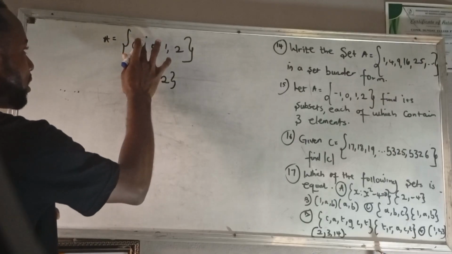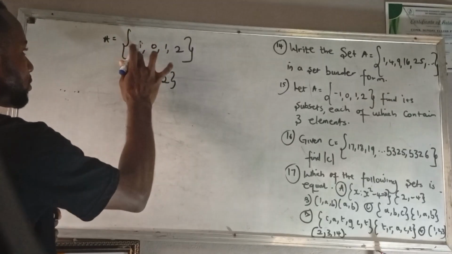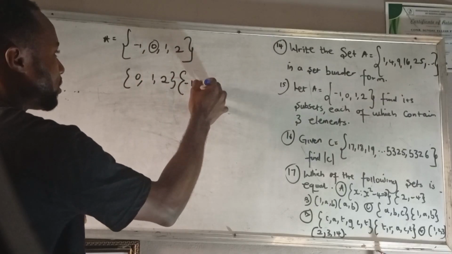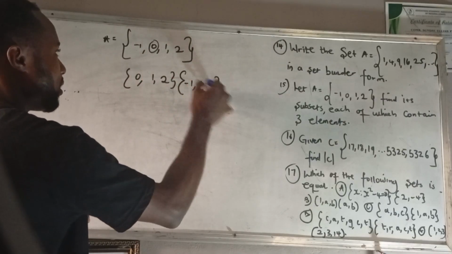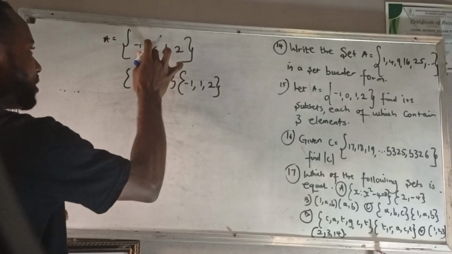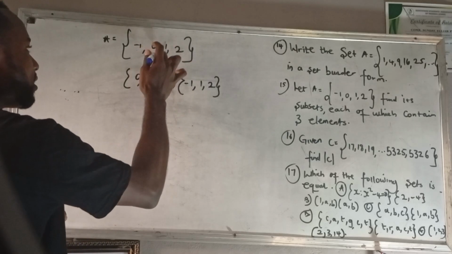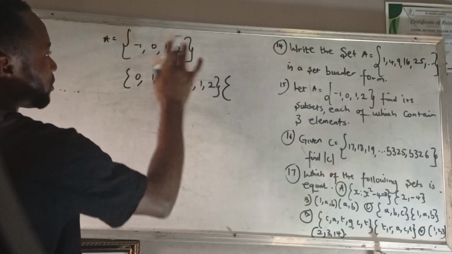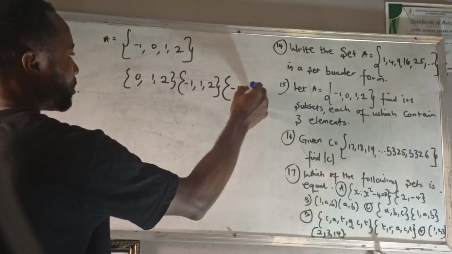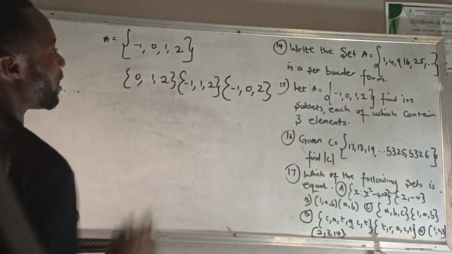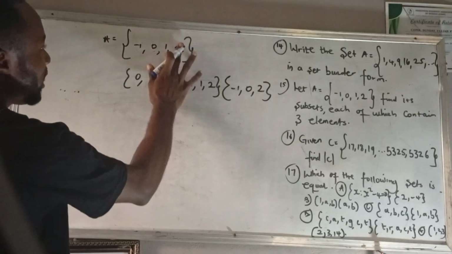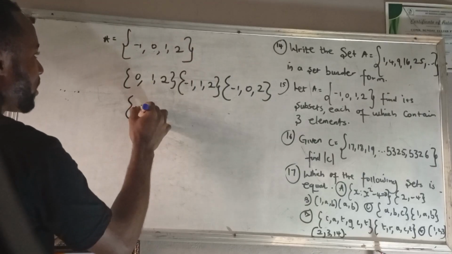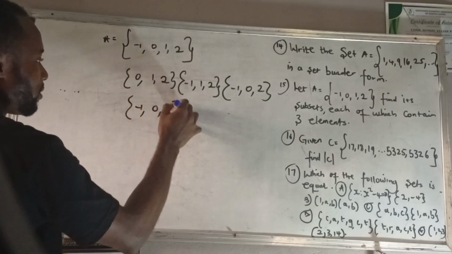I remove 0, and I have -1, 1, and 2. If I remove 1, what we have there is -1, 0, and 2. I remove the last one, 2, and I have -1, 0, and 1.